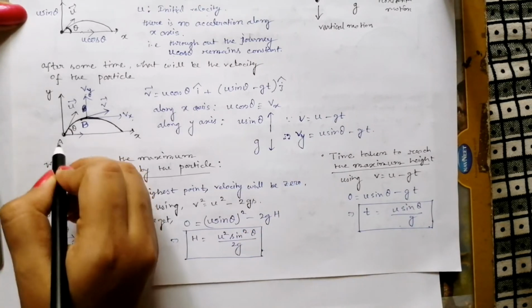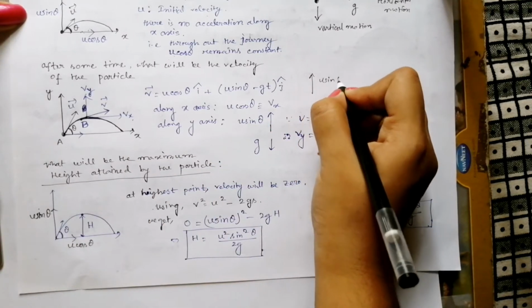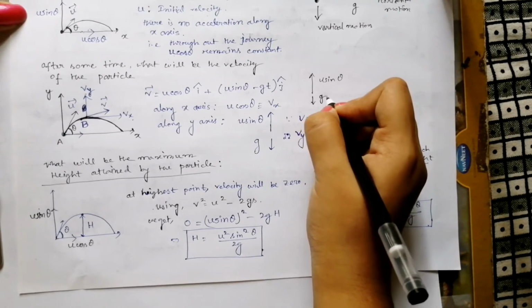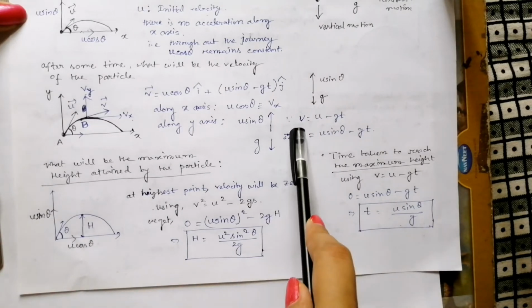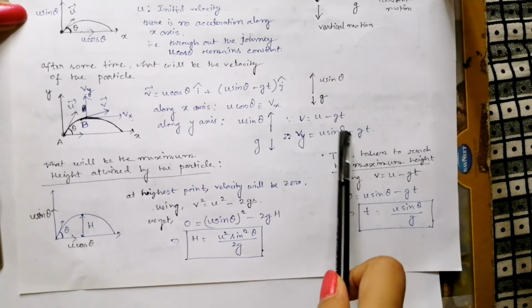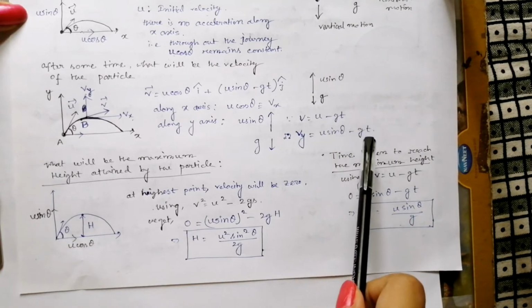Initially, along the vertical direction, u sin theta was the primary velocity. Gravity is pulling it downward with gravitational acceleration g. So now if I use the formula of final velocity, v equals u minus gt, then in place of u I will put u sin theta.